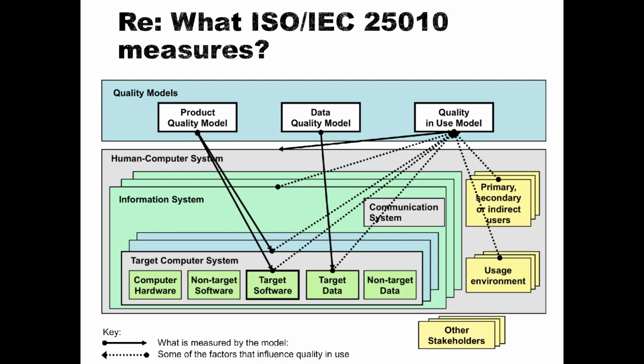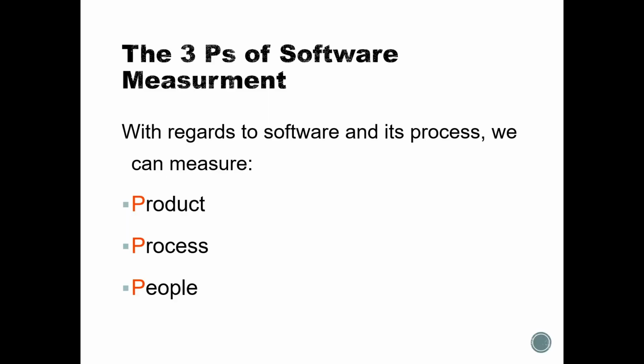So basically, we can measure these three things: the product, the process, or the people. And unfortunately, I know that it might sound a bit weird in a sense that this is a software maintenance course. Why do we measure people or processes?